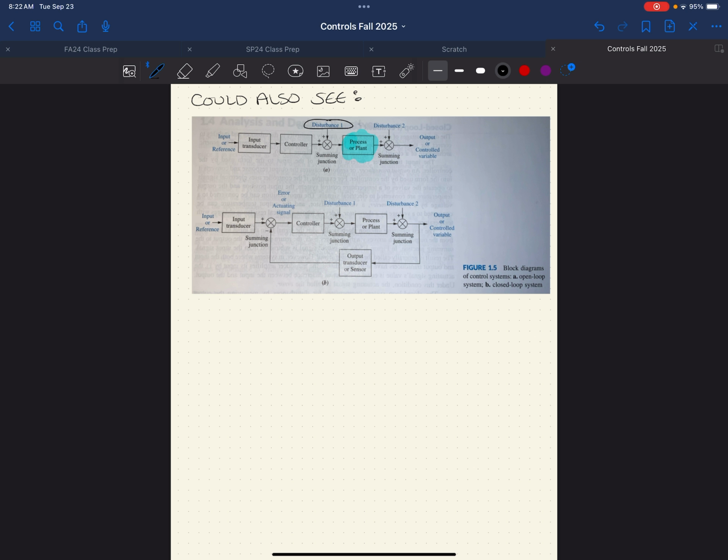So if we have a disturbance force, that would come in before the plant. If the output of our plant is, let's say, the position of our block, we could have a disturbance outside of the plant if the disturbance was in the form of some extra position X, right? So it all depends on what type of signal the disturbance is.